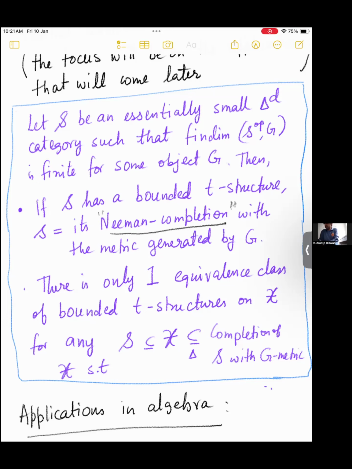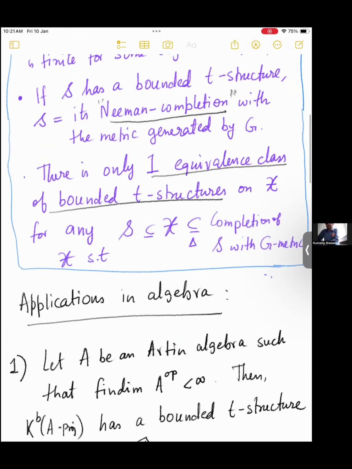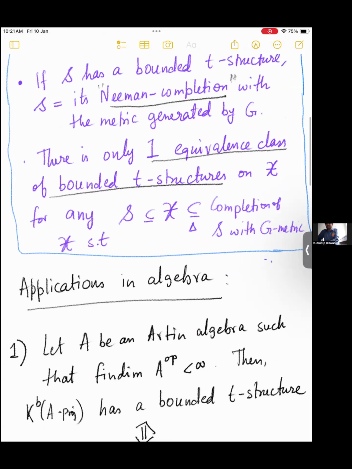But there's this other term called an equivalence class of bounded T structures that is somewhat easier to explain. So I'll just explain in a couple of words. We announce two T structures to be equivalent to one another if they are finite distance from each other. So you will see this written down in a couple of seconds.